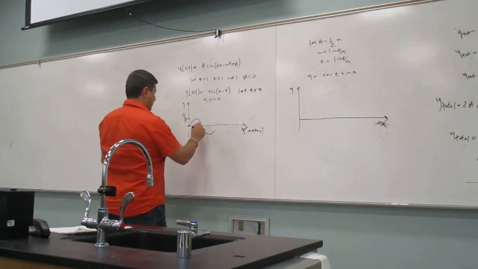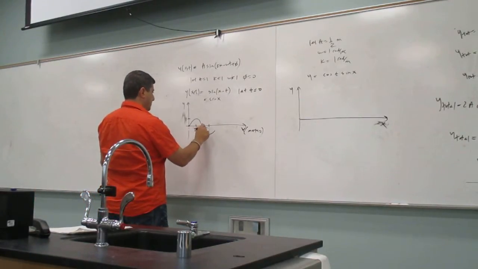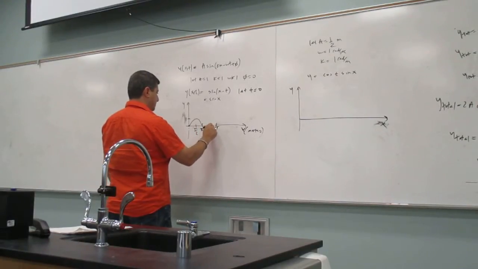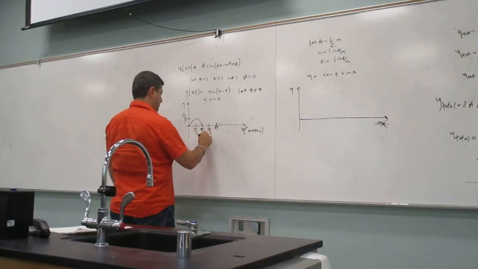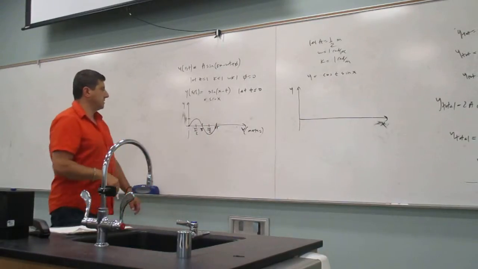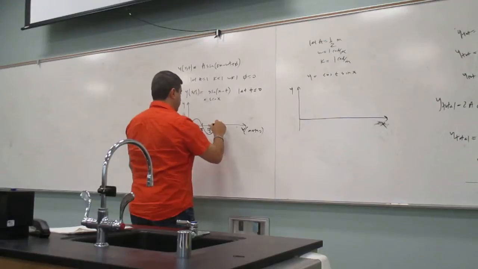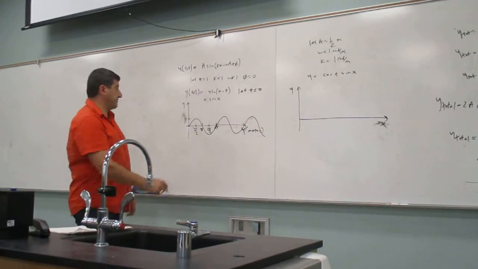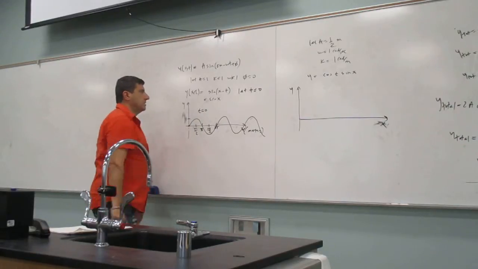Then you have here pi meters, 3 pi over 2 meters, and then 2 pi meters. This wave can keep going on like that. So this is the snapshot of the wave at t equals 0.